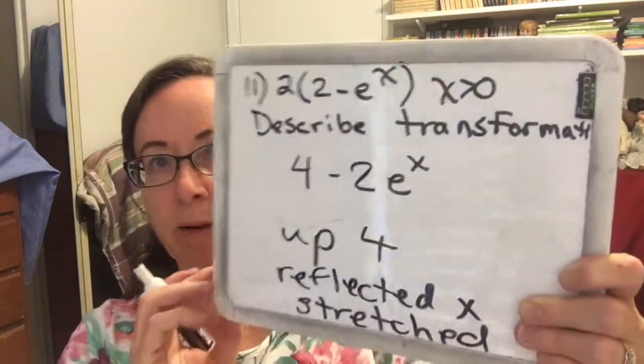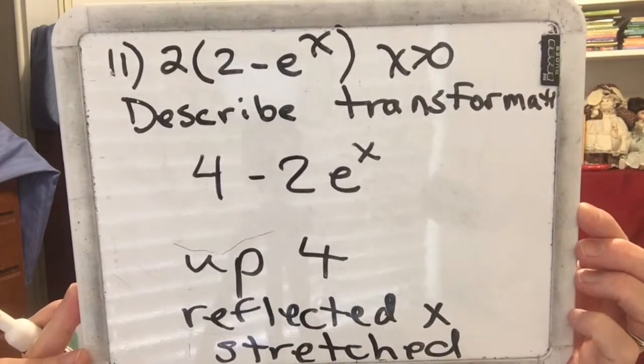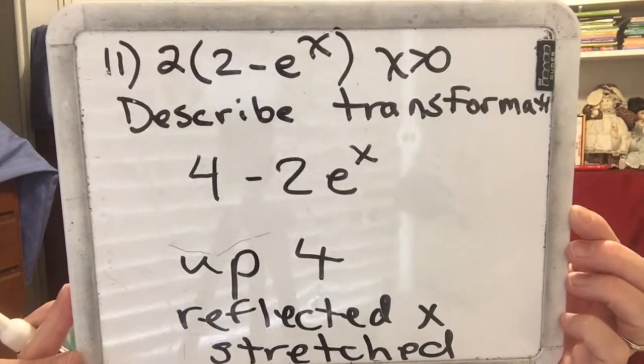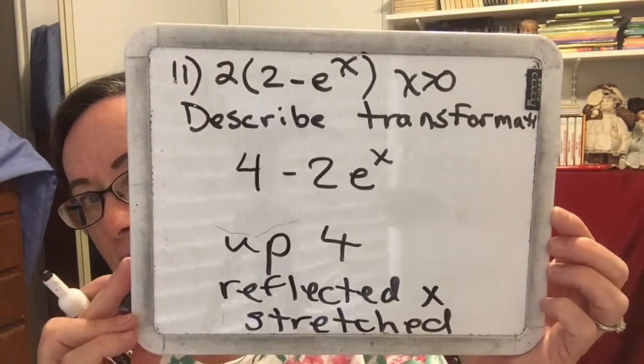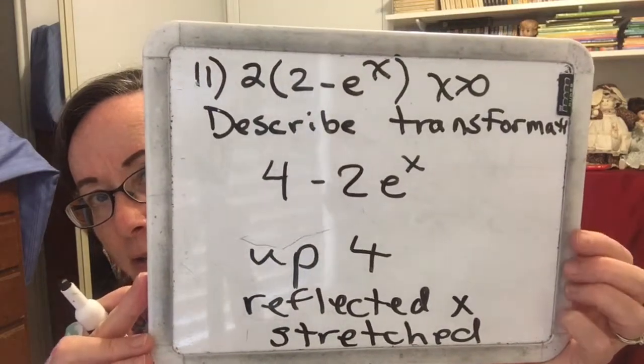So that's what's going on in that function: a vertical stretch, reflected across the x-axis, and moved up by 4 units. So distribution can help you when you get something real complicated to figure out what's going on.